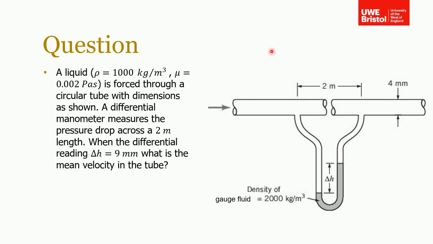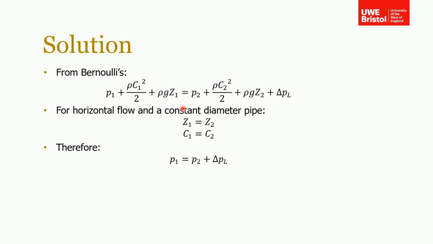So again, this is a pressure loss problem. So start off with Bernoulli's again. Okay, so we write it out and include the pressure loss term on the right hand side. So we can immediately make some simplifications to Bernoulli's equation. Because it's a horizontal pipe, we know that Z1 is equal to Z2, and therefore these two terms will cancel.